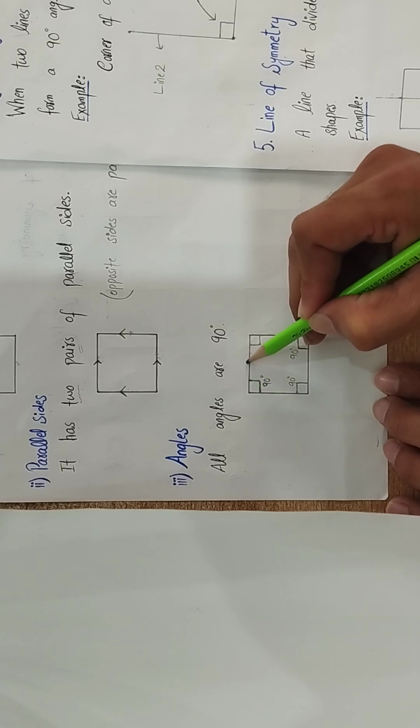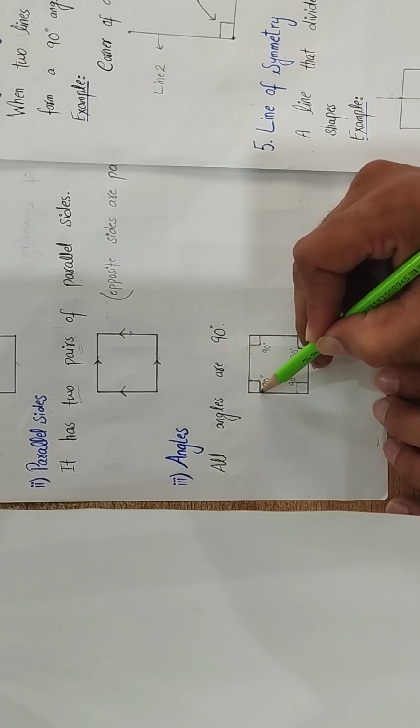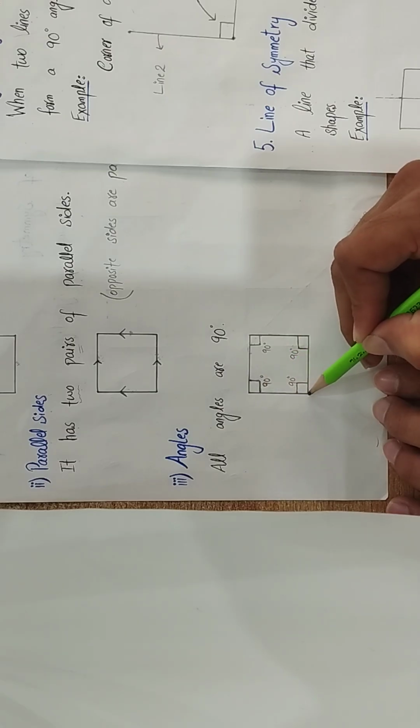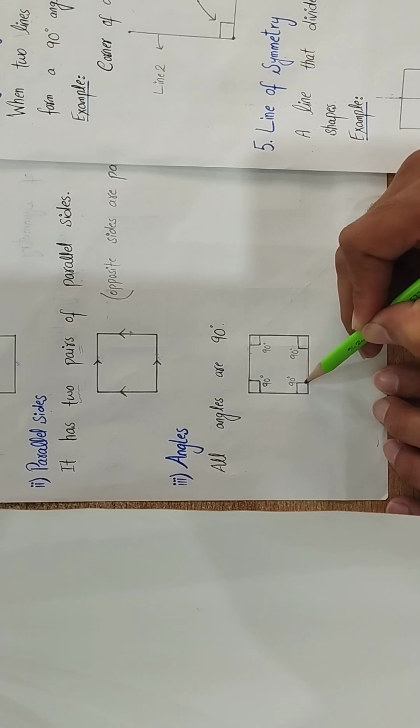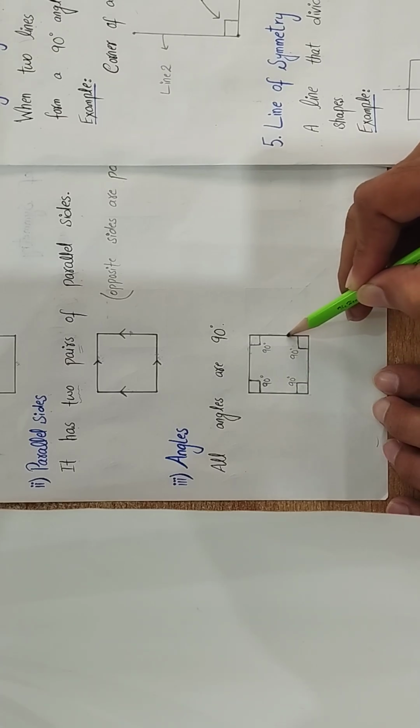This side and this side, they are making a square corner here. It means there is an angle of 90 degree. This side and this side, they are making a square corner. Again, it means there is an angle of 90 degree between them. Then this side and this side, they are making a square corner.